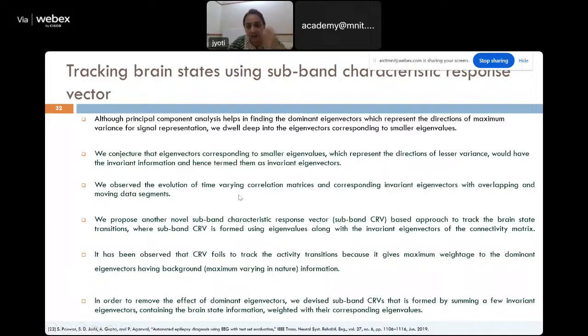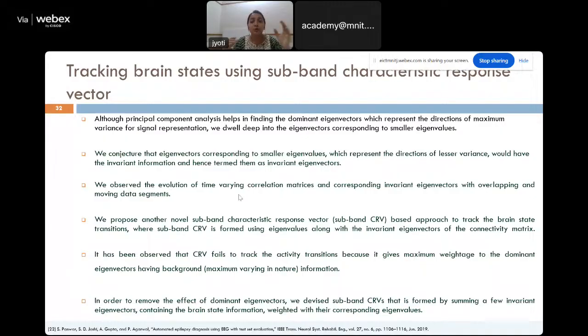Then there was CRV. CRV gave maximum weightage to the dominant ones, and very little weightage to the invariant eigenvectors. From now on, I will use these two terms: dominant means the eigenvectors corresponding to larger eigenvalues, and invariant eigenvectors means the eigenvectors corresponding to the smallest eigenvalues.